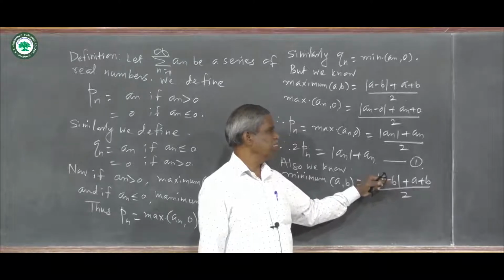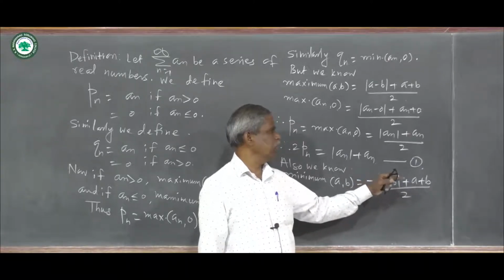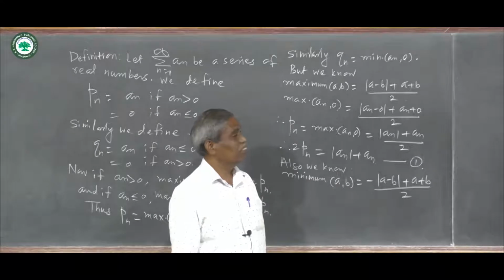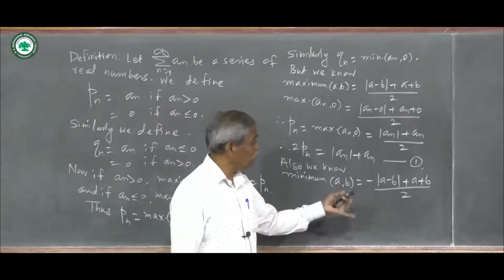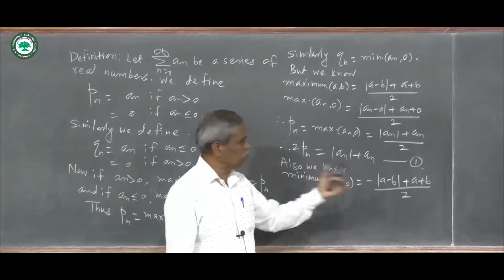Minus 3 plus 7 gives 4, and 4 by 2 is 2. The minimum of 5 and 2 is 2.